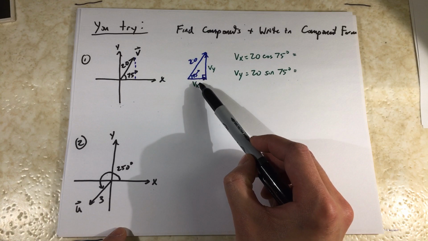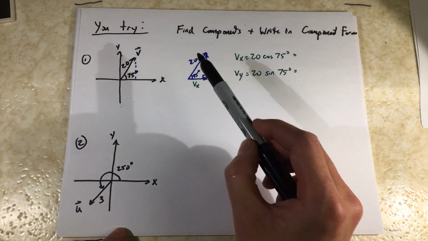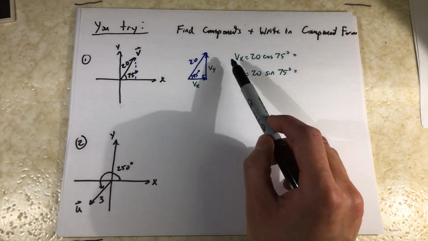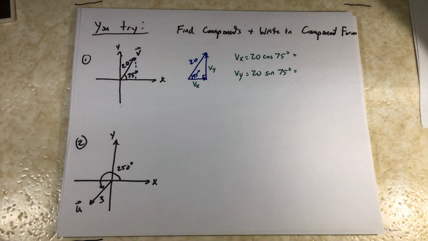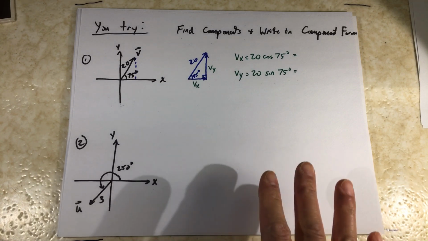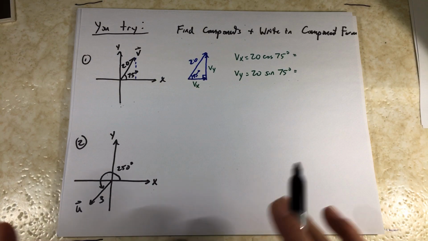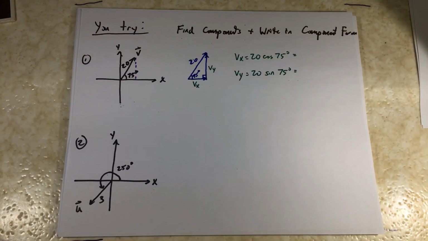Cosine 75 is adjacent over hypotenuse, so Vx divided by 20, multiply by 20, and you get this equation. If you want to practice your SOHCAHTOA, this would be a good opportunity if you feel a little bit unclear about that.